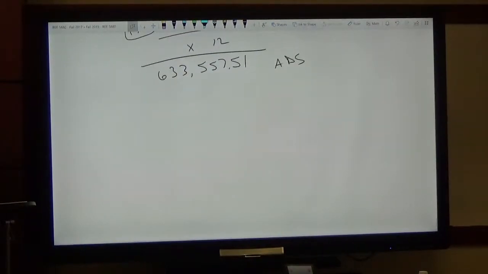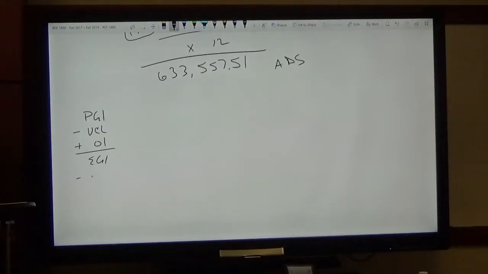So what we have in our possession at this point is our debt service, $633,557.51. Everybody see that?